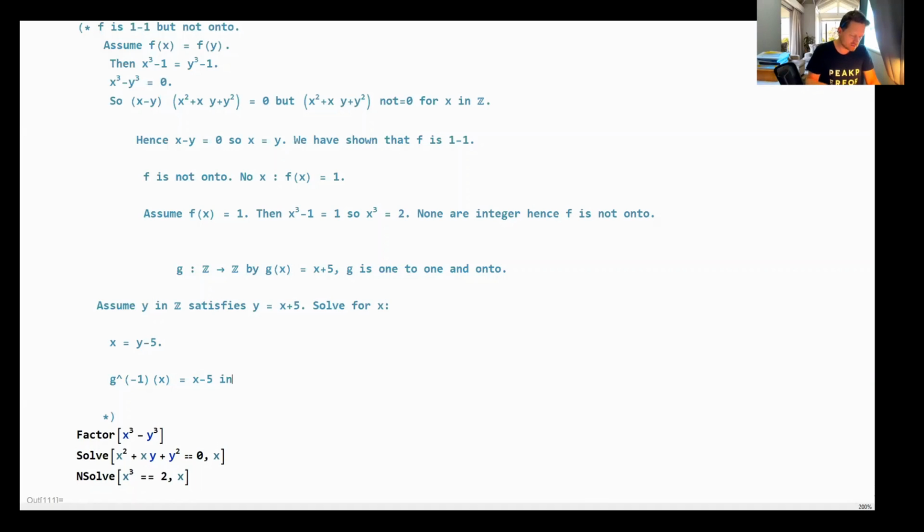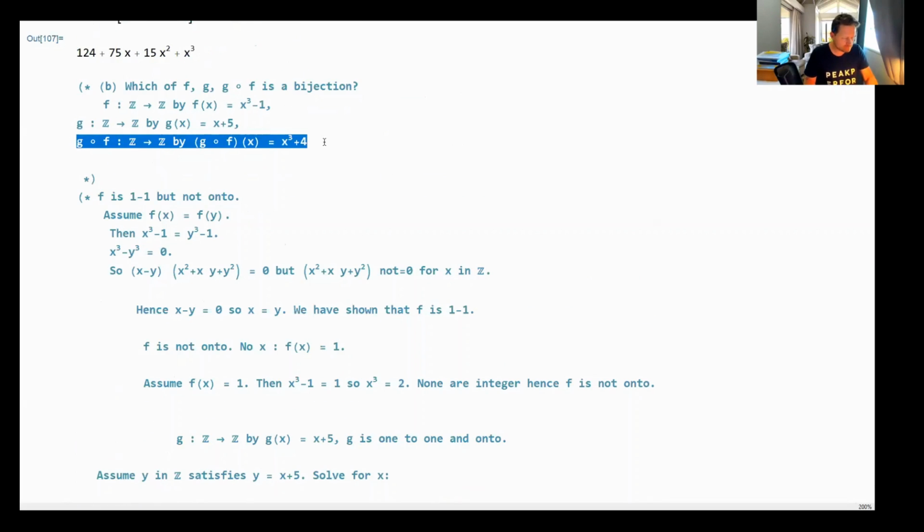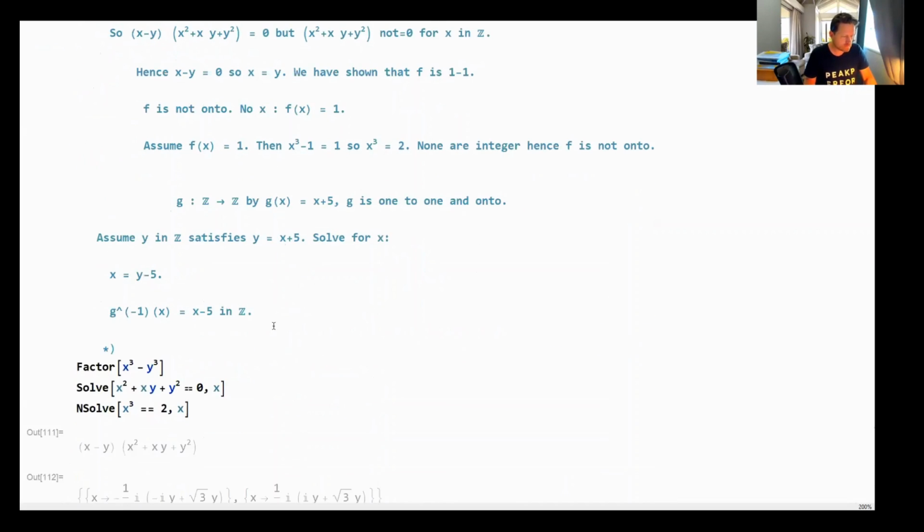So this is in this set here. Okay, good. Now, g compose f. Actually, we need to finish this off. So g is both 1-to-1 and onto, so g is a bijection.